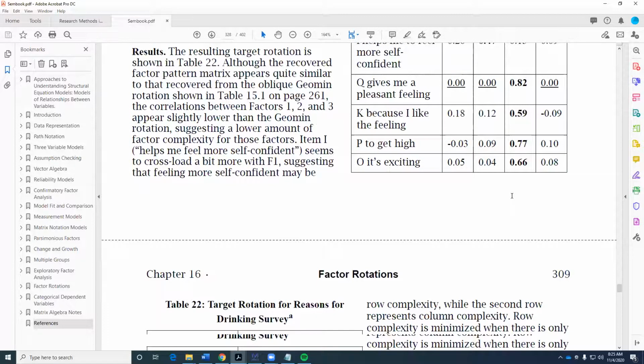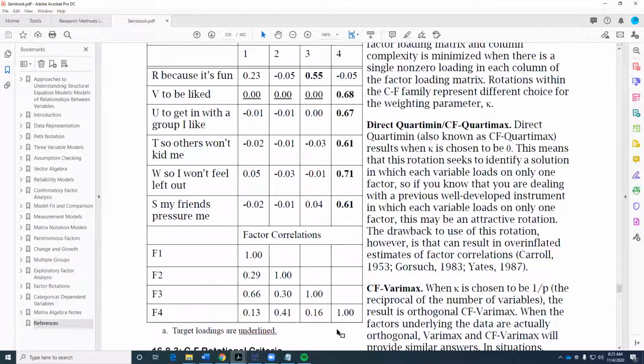So down here at the bottom, you can see that the correlations between the factors are now a little bit increased. And that's because in your target rotation, you zeroed out some of these loadings. So whatever those non-zero loadings were in the Varimax and geomin rotation, the only place that those associations can go is down here.